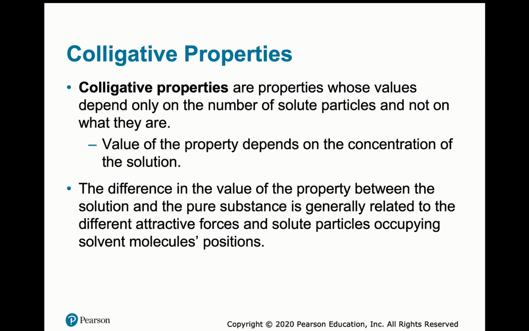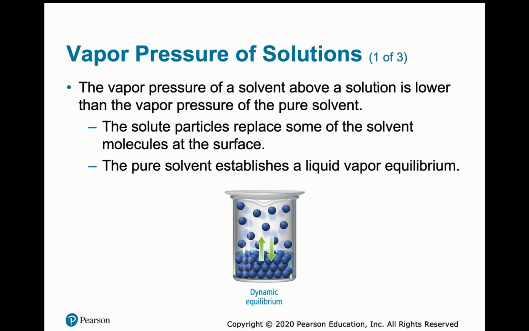You dissolve sodium chloride salt, that breaks apart into 2 particles. So the fact that there is twice as many particles in sodium chloride salt is going to affect the colligative properties differently. And the colligative properties we'll learn soon, like freezing point depression, boiling point elevation, vapor pressure, and osmotic pressure. These are colligative properties.